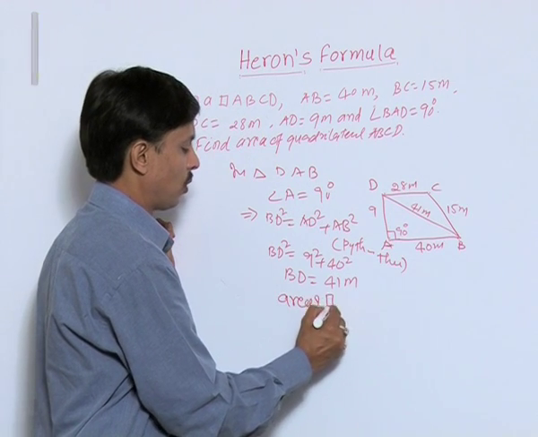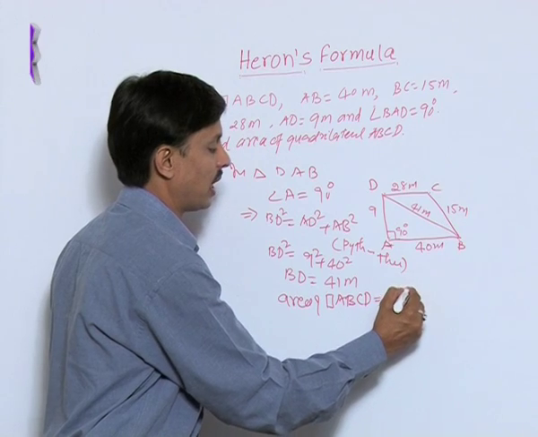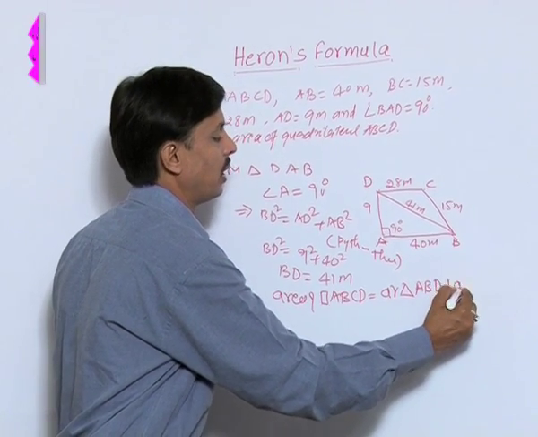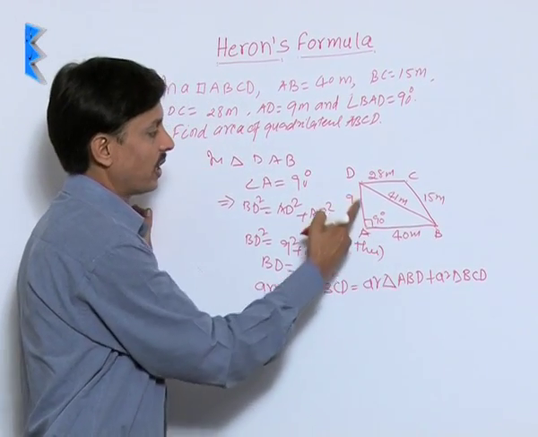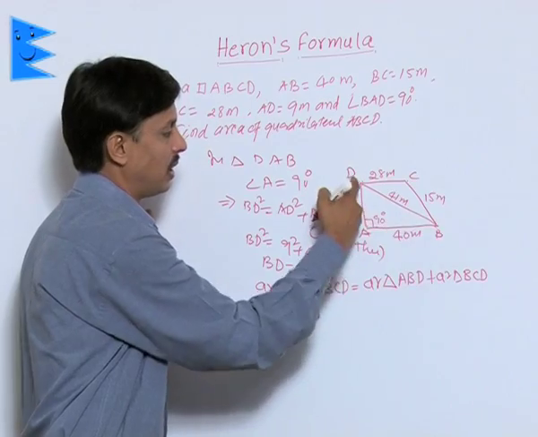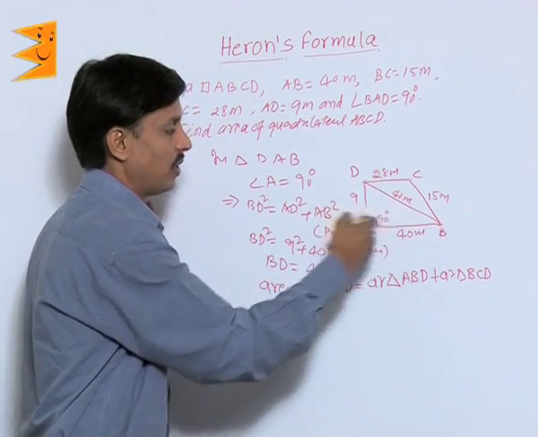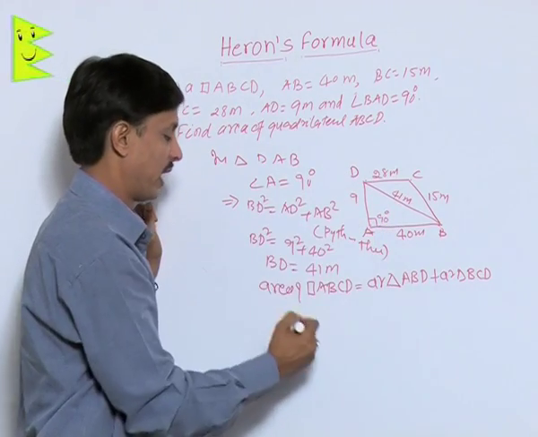Area of quadrilateral ABCD is the sum of the area of triangle ABD and the area of triangle BCD. To calculate the area of triangle ABD, it is not necessary to apply Heron's formula. This is a right angled triangle, so we can apply half base into height.